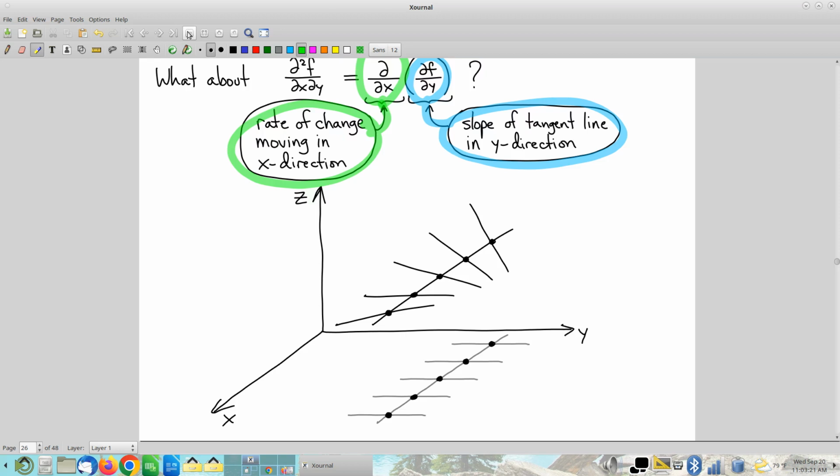But that said, when you're doing y partials, that means that you're going to be looking in the y direction. I'm drawing y partials at various different points here, but in each of these points where I want to look at a y partial, I need to be moving in the y direction. And as I'm moving in the y direction, I need to ask what is the slope of the tangent line to the graph as I move in that y direction.